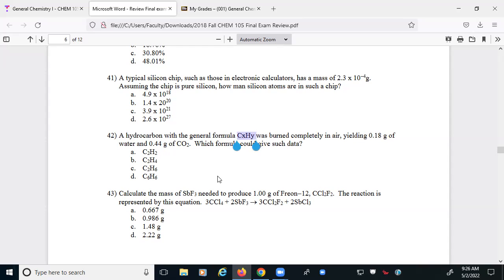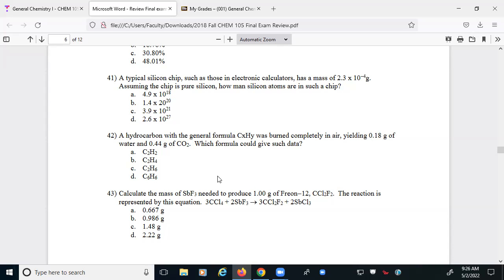You're told that you've got this hydrocarbon, CxHy, it burns completely in air, meaning oxygen, and it gives 0.18 grams of water and 0.44 grams of carbon dioxide.